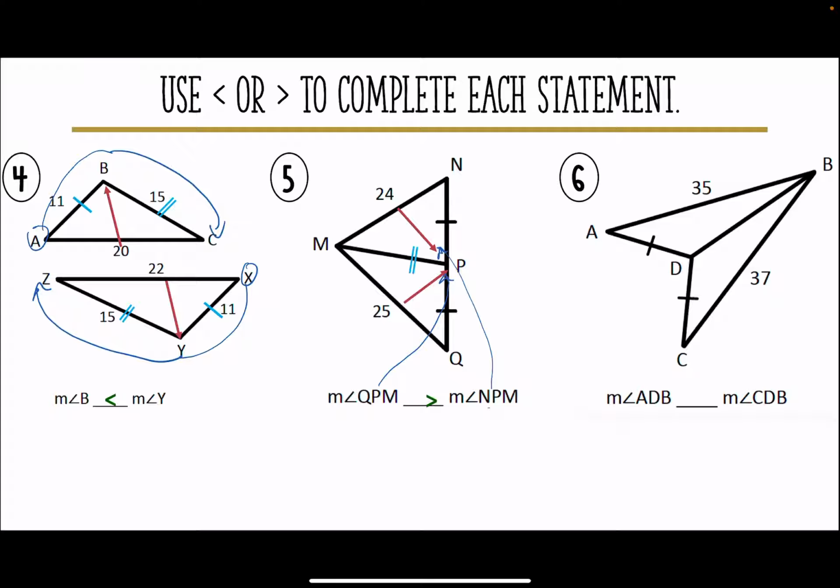Always look at what letters they're going to be giving to you. All right, number 6, reflexive into play again, with DB being congruent to itself. Angle ADB is going to be less than angle CDB because 35, the side length opposite it, is going to be less than 37. This is using the converse of the Hinge theorem.